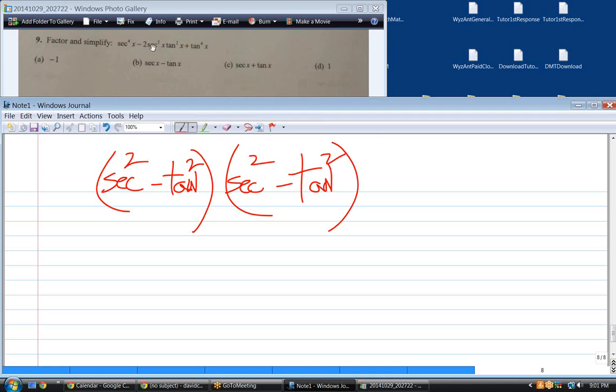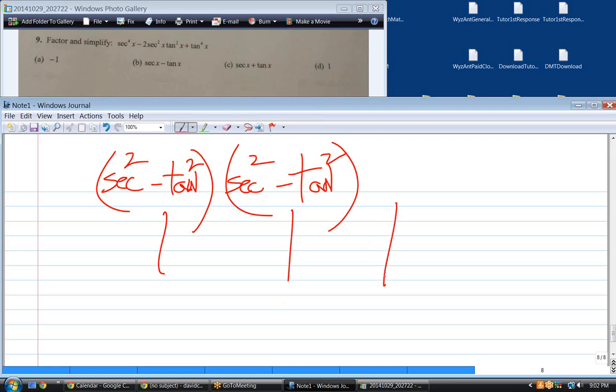In other words, we have to produce a middle term of minus 2 secant squared tangent squared, that times that, and this does it. And it produces a term of plus tangent to the fourth. Okay, what is secant squared minus tangent squared equal to? 1. D. Yeah. No, D. In other words, 1 times 1.